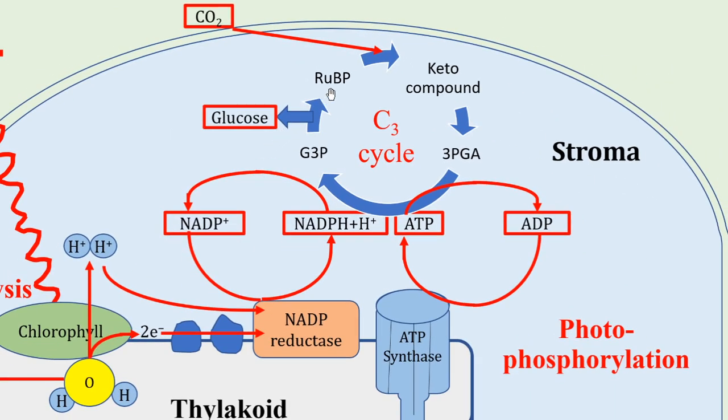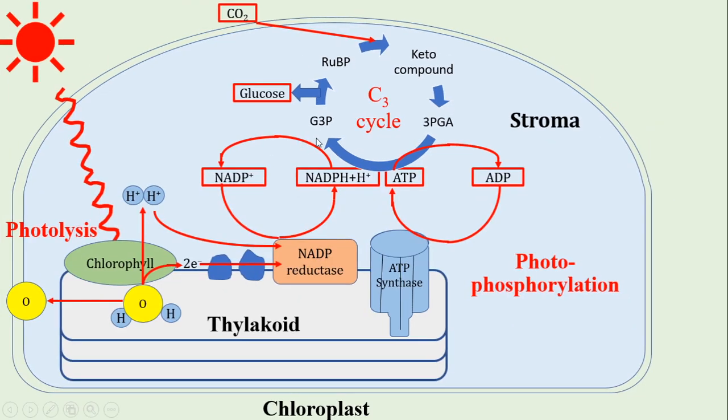And we see that the RuBP, the first precursor chemical compound, is again generated, and this chemical will again absorb some more carbon dioxide and then again produce keto acid, then 3-PGA, then G3P, then again RuBP, and again ATP and NADPH will be used up to produce glucose molecule. And this cycle continues as long as there is a steady supply of carbon dioxide and ATP and NADPH assimilatory energy.